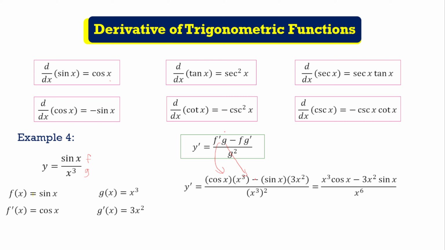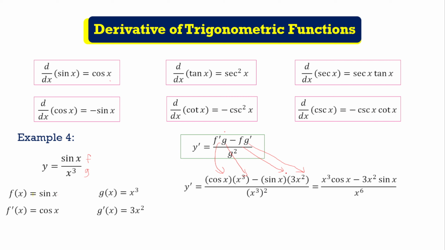Ang ating minus, ang ating f is si sin x, kinopya lang natin yan. Ang ating g prime ay 3x squared. So, kinopya natin. Okay? Tapos, ang ating denominator ay in-square natin, g squared. So, g squared ay x cube raised to 2.